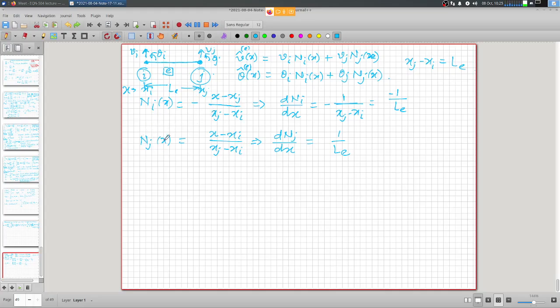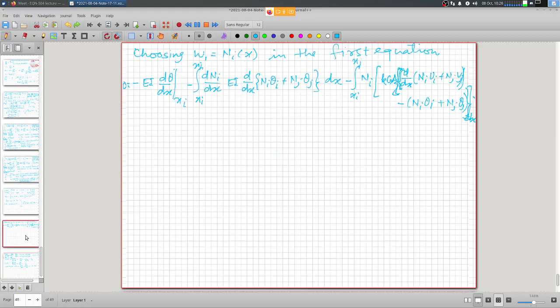So Ni plus Nj is equal to 1 always at every point in the domain, and that is why dNi by dx plus dNj by dx should be equal to 0 everywhere in the element domain omega e.